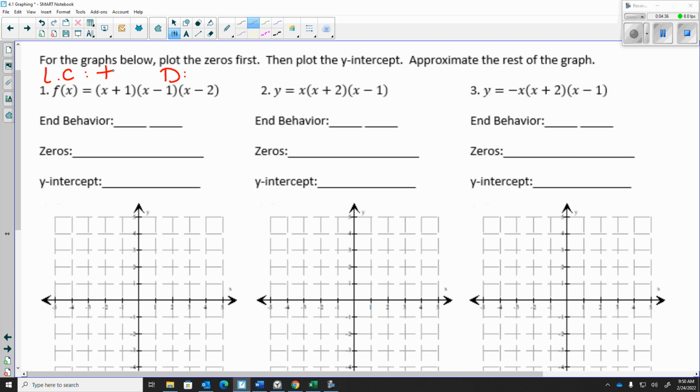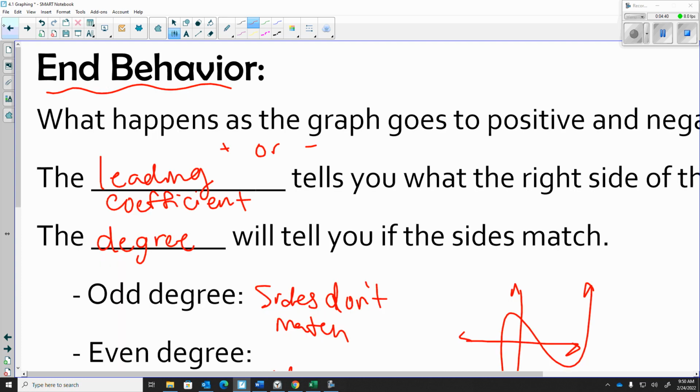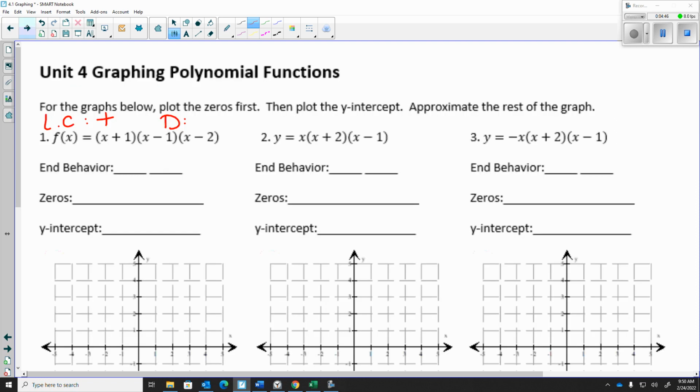So remember, that tells you what the right side does. The leading coefficient is positive, so that means that the right side of the graph goes up. If it was negative, that means it goes down. So since it's positive, I can say that the right end behavior is going up.